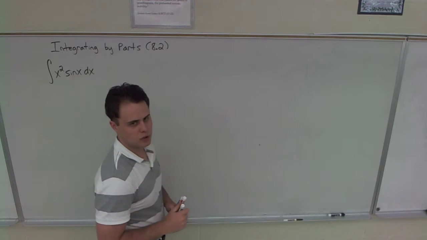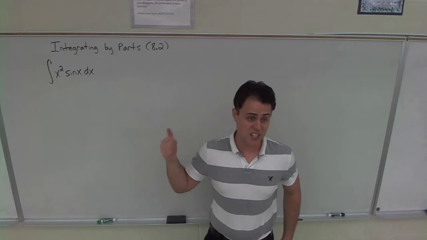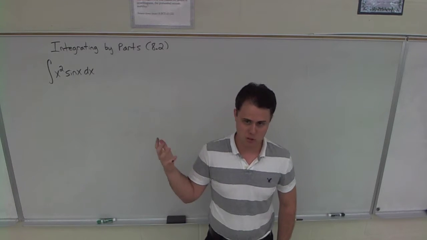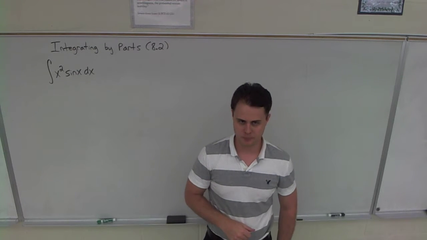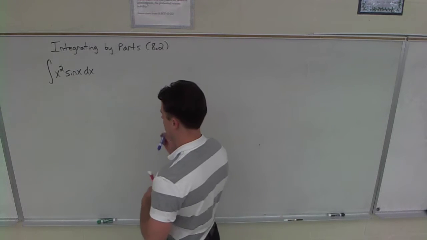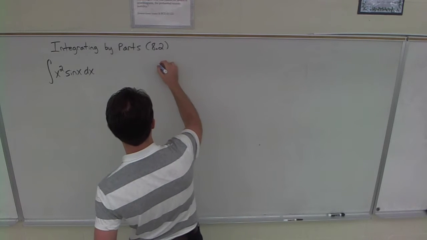Not something we could do before, right? Now maybe if the x squared was inside, we could do it, right? That'd just be a simple u substitution, but it's not inside. So, integration by parts. This is a classic, by the way.